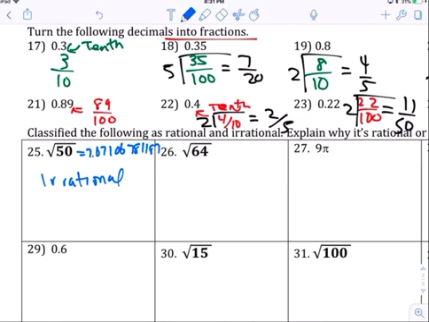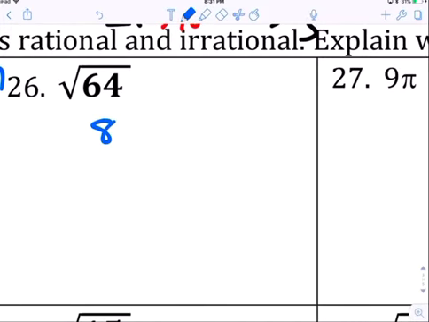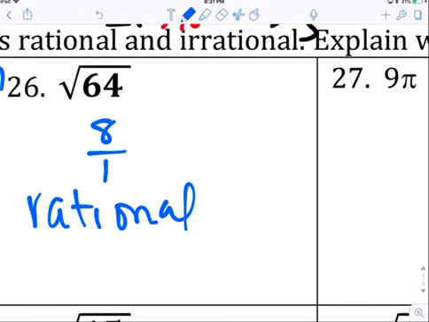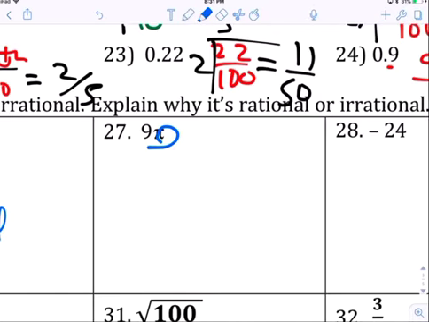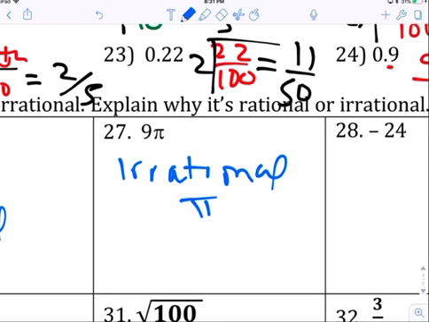Square root of 64 is 8. And 8 can be made into a fraction, 8 over 1, so it's rational. Anything with pi in it is irrational because pi is a non-repeating number. So you just put irrational and just put the word pi in there. Because if you use your calculator with pi, you'll have a very long number. I'll show you.